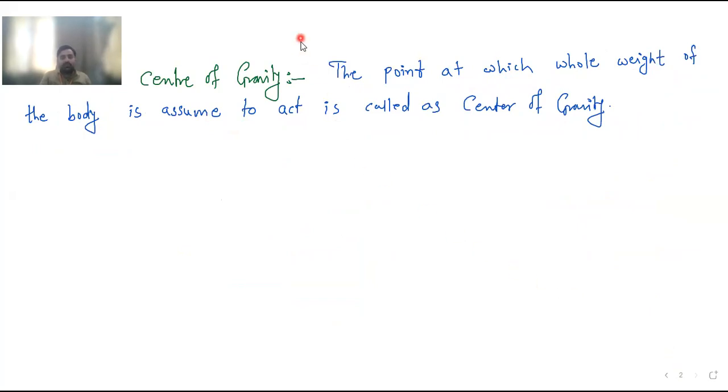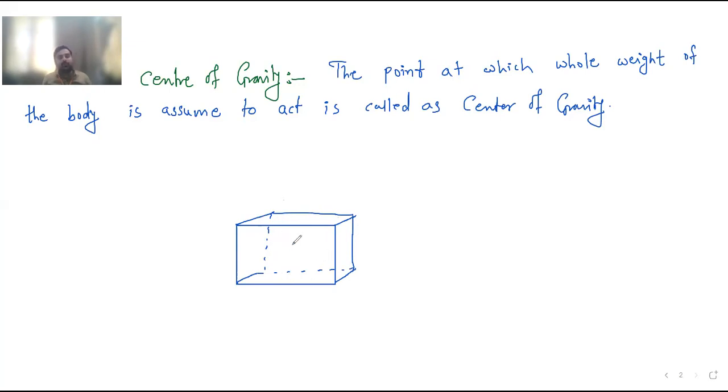Now here, if I add one more dimension, see, now this is the rectangle, and in this rectangle, if I add one more dimension like this, now it will not be the rectangle, it will become a cube. So a cube is having three dimensions. This is the back side. So in the cube, you can say that the weight of the cube is acting vertically downward.